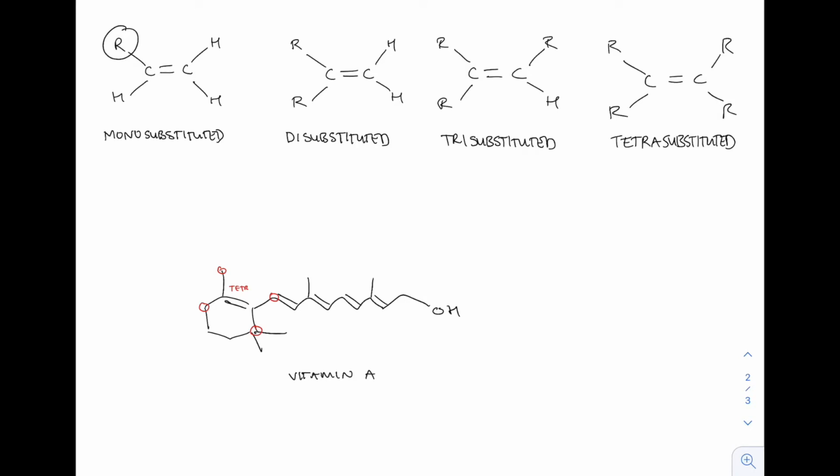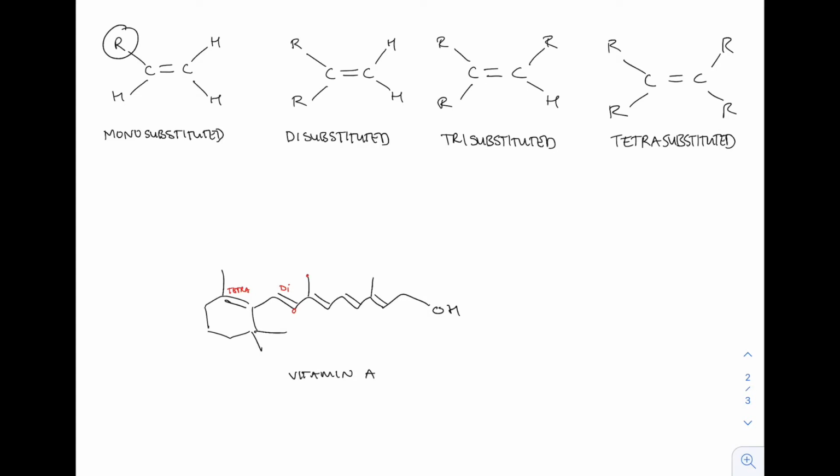So that's tetra-substituted, okay? Sorry, let me delete those circles real quick, and I'll write tetra out for you. And then basically that's what we want to do across this whole thing. So we've got one carbon here, one carbon here coming off that alkene. So therefore that is a di-substituted alkene.